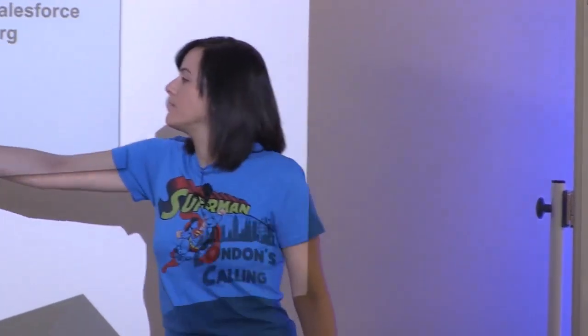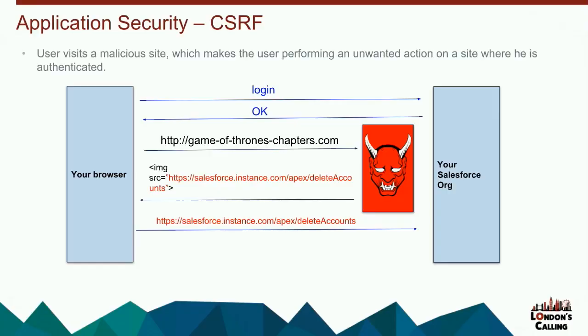This attack, you have to know two things about it. First of all, this is only a problem if this URL here is performing changes in the org. If it's just a request for information, it doesn't matter. And the second one is that the attacker must know exactly which URL you have to write.